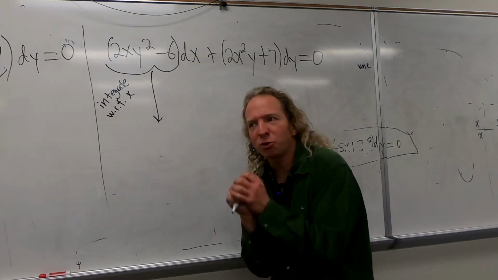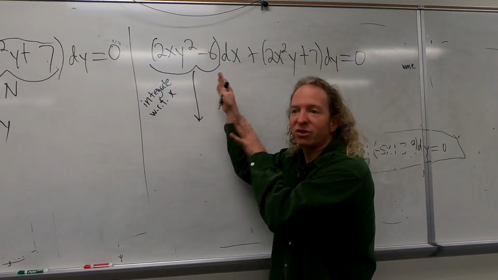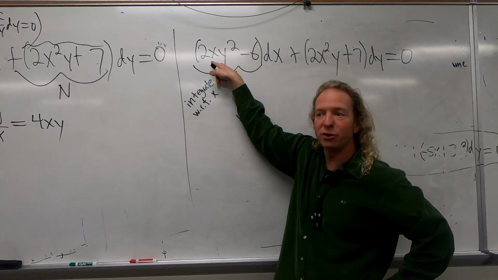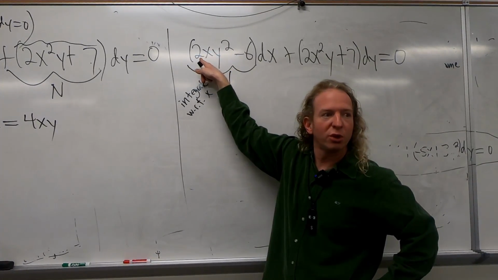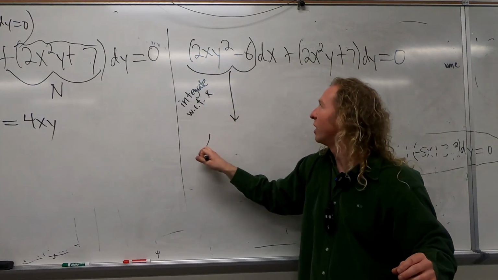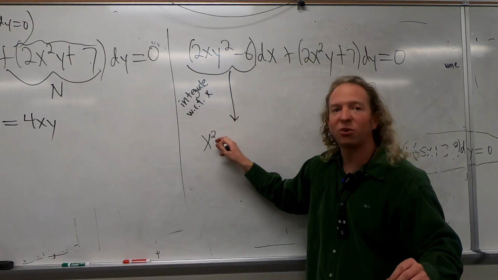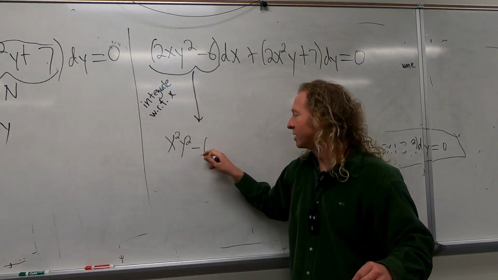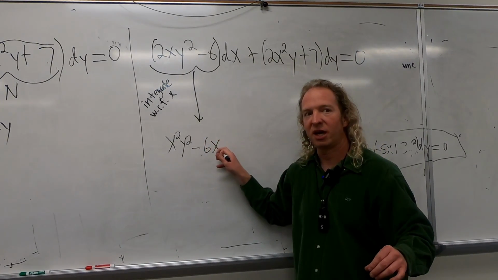So when we're integrating with respect to x, all of the y's are constants, right? So it'll be 2x squared over 2. So the 2's will cancel, right? Because it's 2x squared over 2, so it'll be x squared y squared minus 6x, okay?